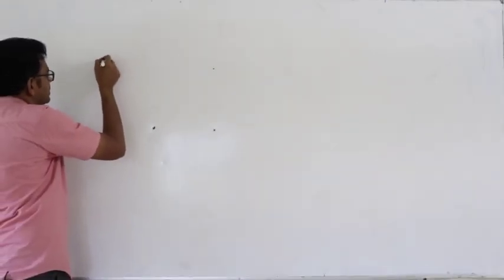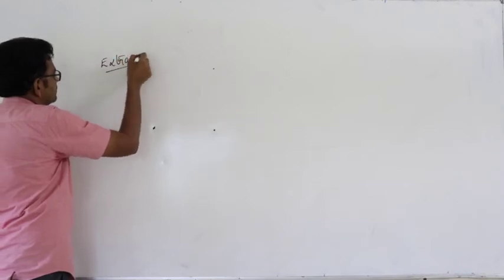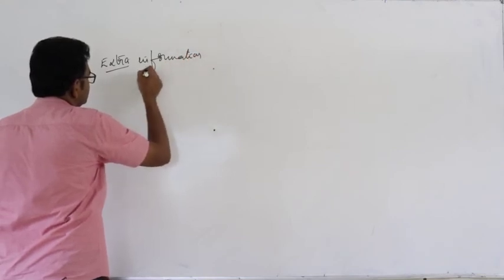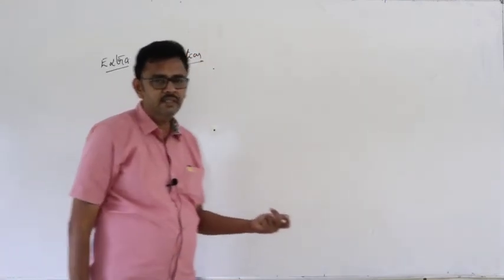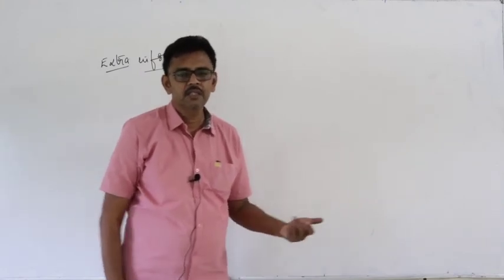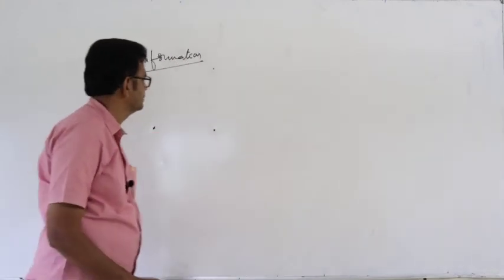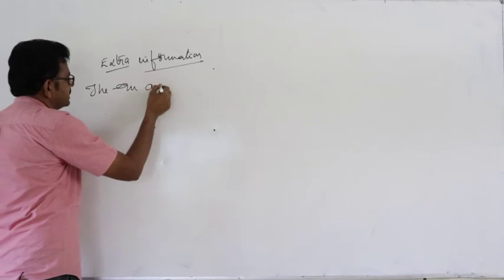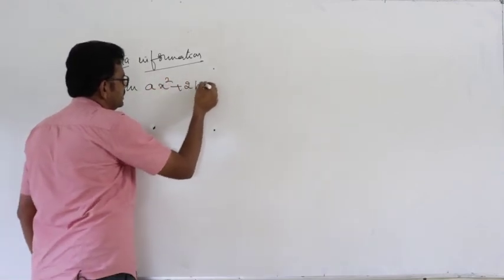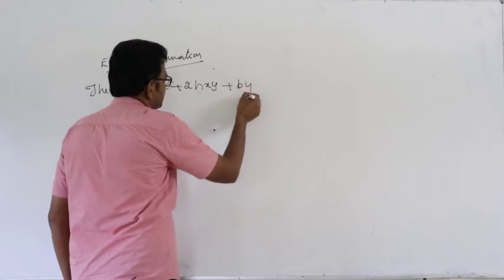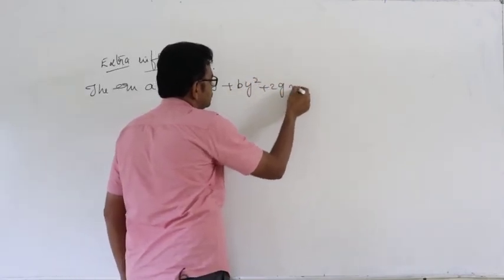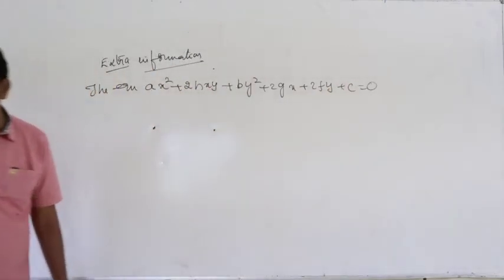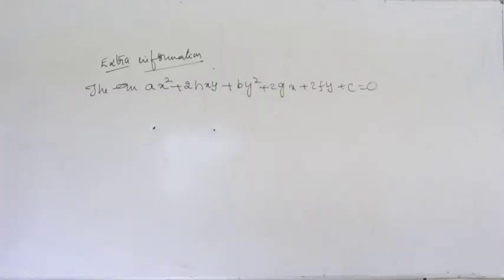Next one, some extra information, which is related to second year as well as further topics in first year. The equation ax square plus 2hxy plus by square plus 2gx plus 2fy plus c equal to 0.